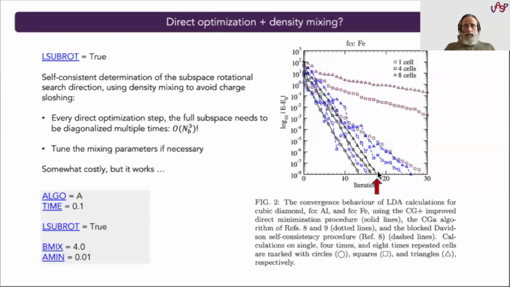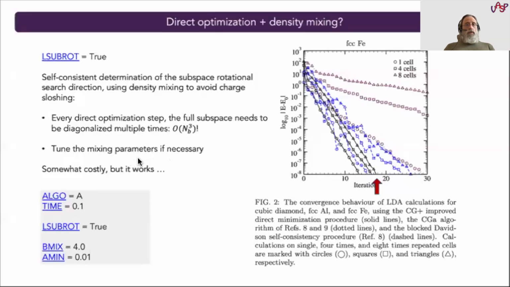And that is shown here, in fact. The black line, the black triangles, are for the elongated iron cell. And we see that this converges even faster than our Davidson. But that doesn't mean that we recommend that you use this on a per default basis because of the costs, right? So yes, you might shave off a few iterations, but the cost per iteration goes up substantially. So it's still better to stick to the self-consistency cycle.